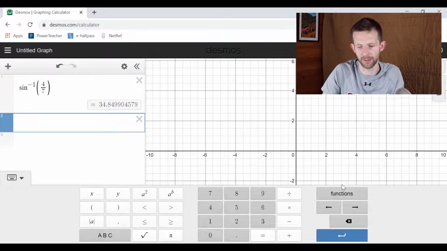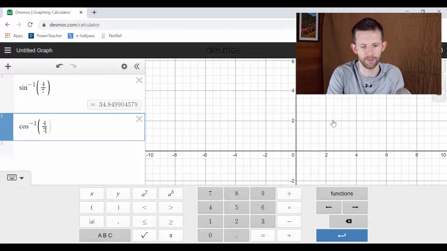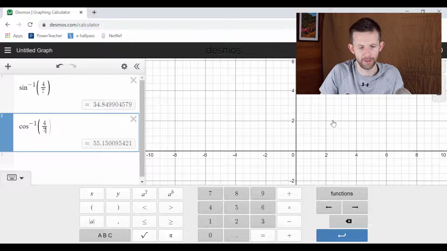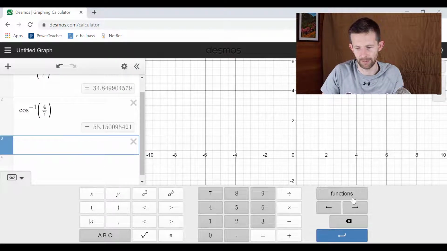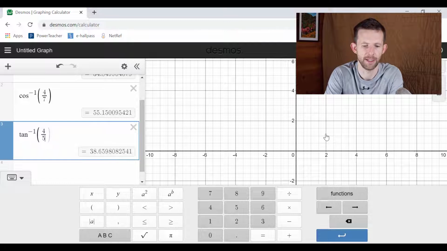The inverse cosine of 4/7 is 55.15. And I can also do the inverse tangent of, for example, 4/5, and it tells me that it's 38.66.